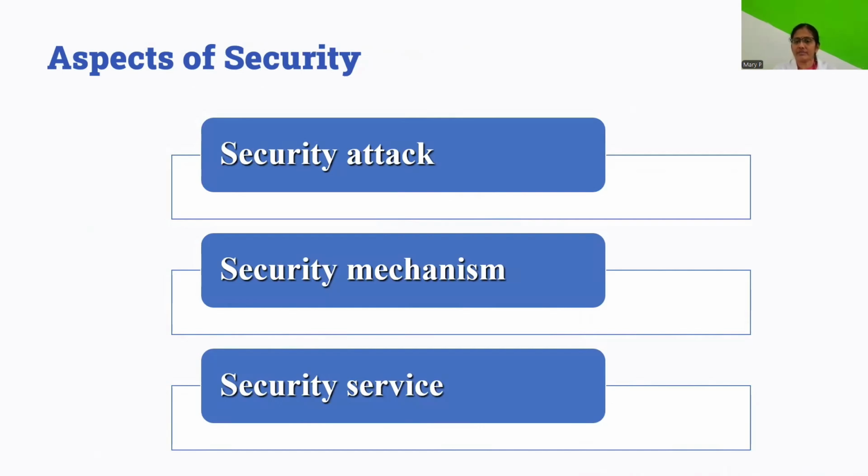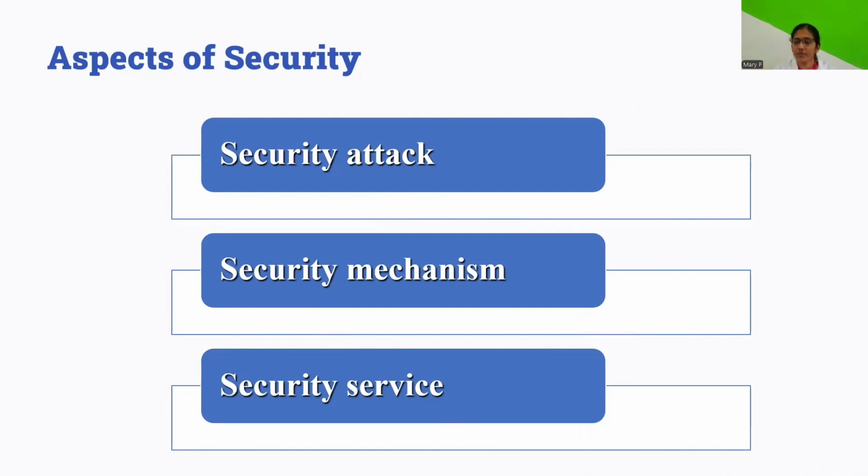What do you mean by threat? Threat is any possible danger that can harm our system as well as data. For example, hacker, virus, natural disaster. So these are some kinds of threat. What is vulnerability? Vulnerability is a weakness in a system that can be exploited by a threat.